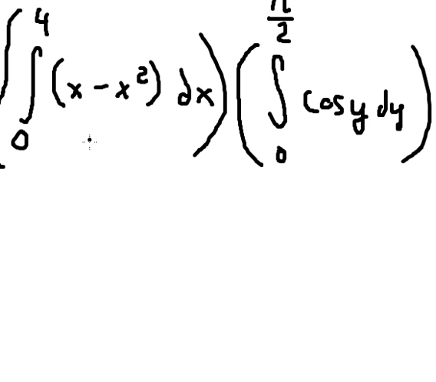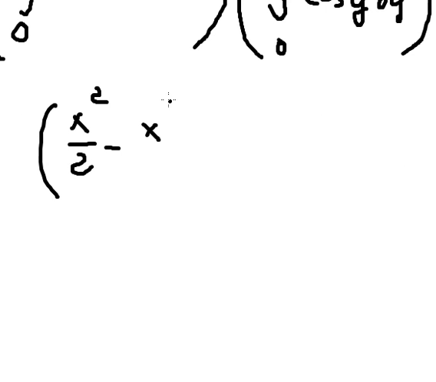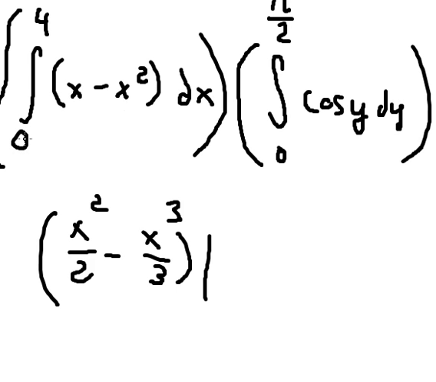So the integration of s, that is about s squared over number 2. This one we have s to the power of 3 over 3. So we put number 0 and number 4 cone here. The integration of cosine y, we have sine y.